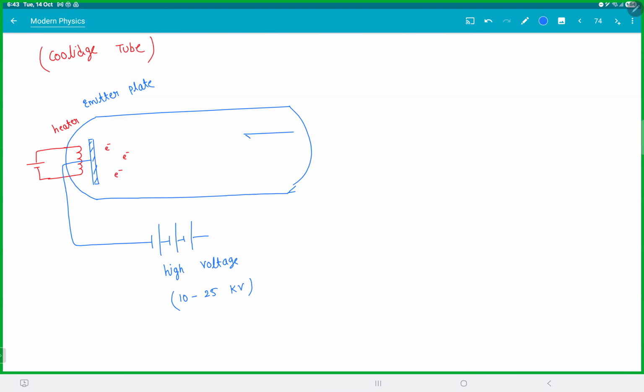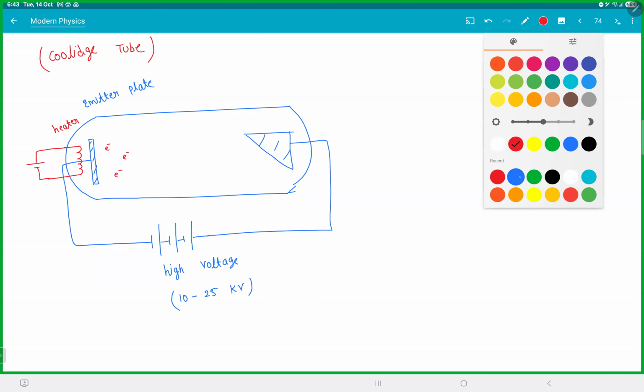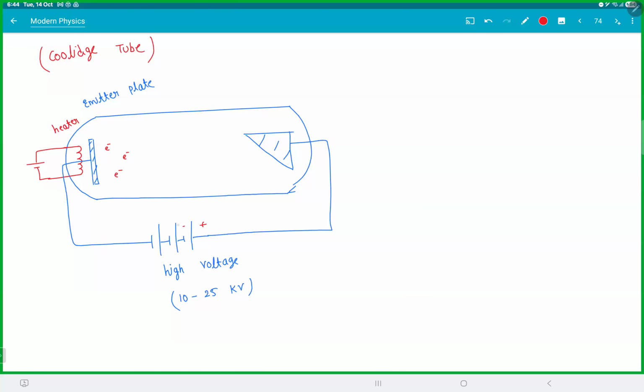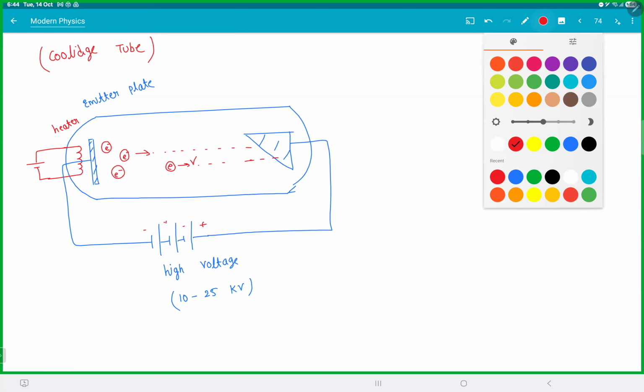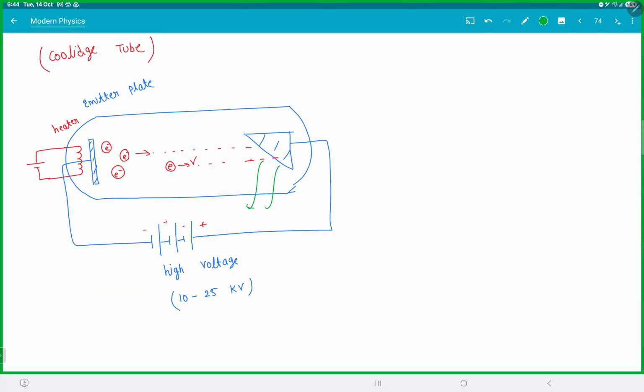And here we have something called a target material. So this goes and gets connected to this. So that becomes positive charge and this becomes a negative charge. So electrons are accelerated to high voltages. These electrons gain really high speeds. Then they go and bombard the target. When they bombard the target, they start emitting X-rays. Now, why they emit, we will see that.